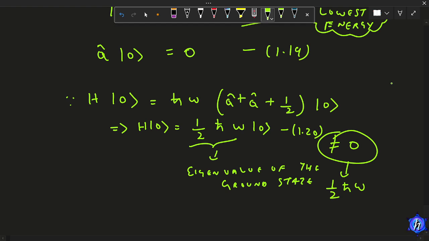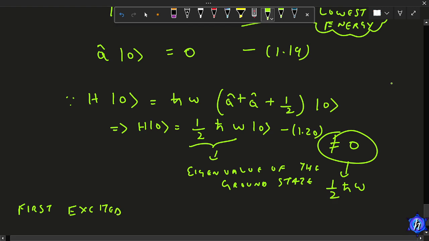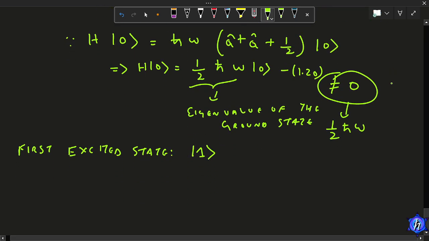Now I want to know the first excited state. We will denote the first excited state by 1. It can be defined as the state whose energy is larger than the ground state by 1 quantum.